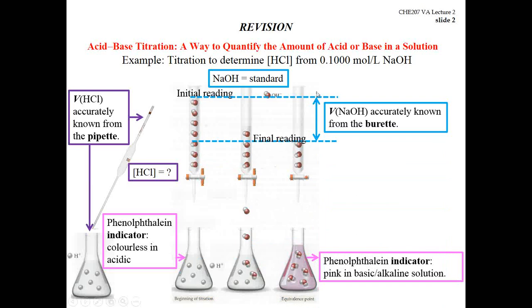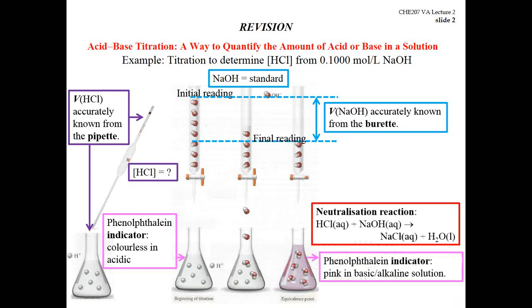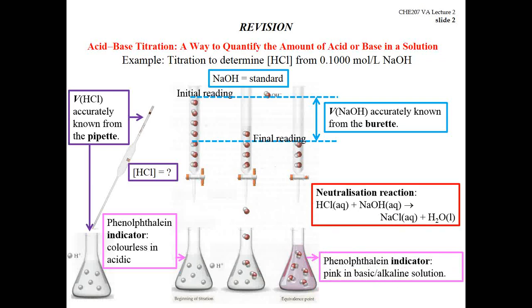The difference between the final reading and the initial reading is the volume of NaOH added to the conical flask. And we know that the neutralization reaction is HCl reacts with NaOH to give us NaCl and water.